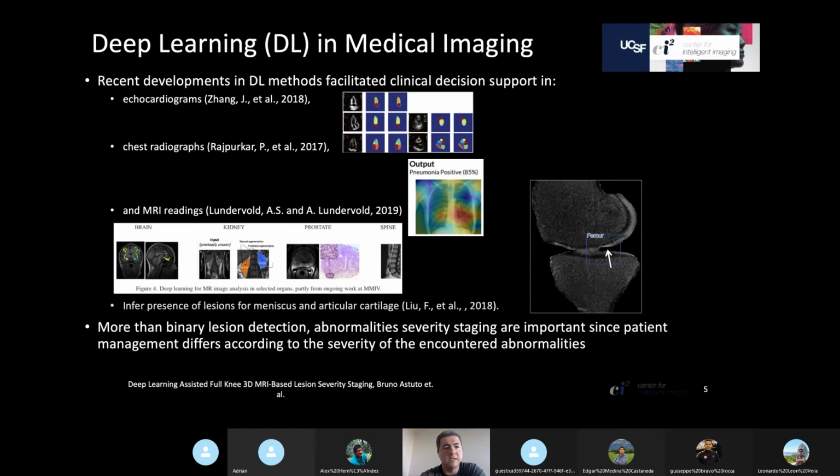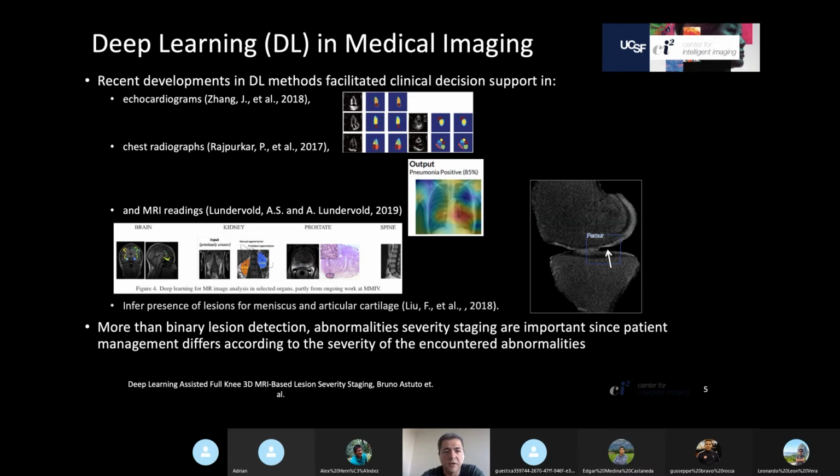So a little bit of context here in terms of deep learning applied to medical imaging. If you work with computer vision, you might appreciate this. Deep learning models have been applied in the past few years in many different areas, including cardiology.